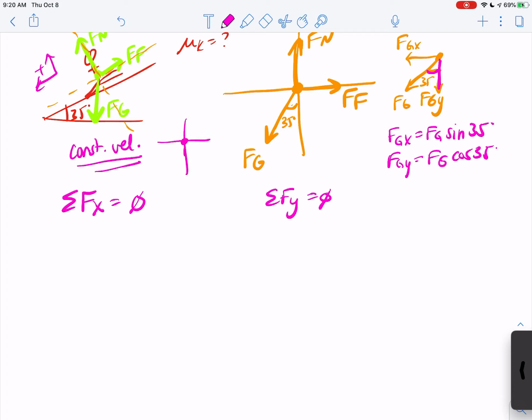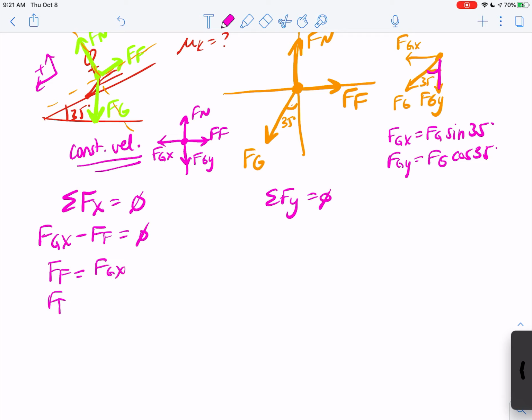When I redraw it, I'll have my FGY, my FF goes like that, my FN like that, and my FGX like that. So then I'll have FGX minus the force of friction equals 0. So the force of friction is FGX, which is FG sine 35.